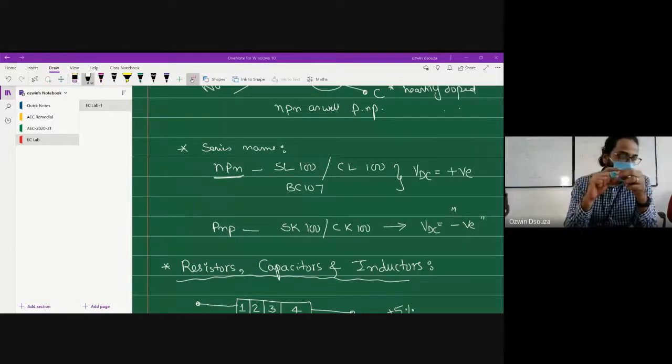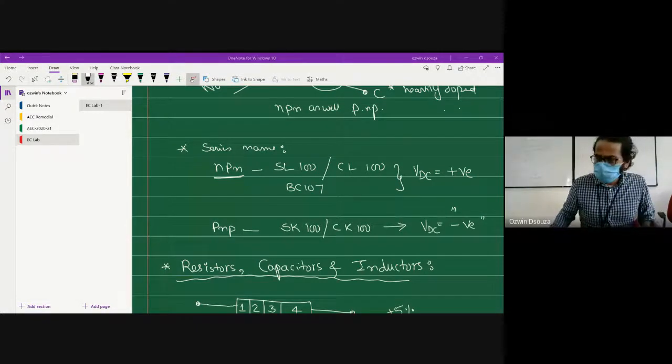So when you say IC, you have different types of ICs. In logic design, you will have AND gate, NOT gate, XOR, XNOR, whatnot. There are so many gates. I think the detailed part will be covered in the next lab.